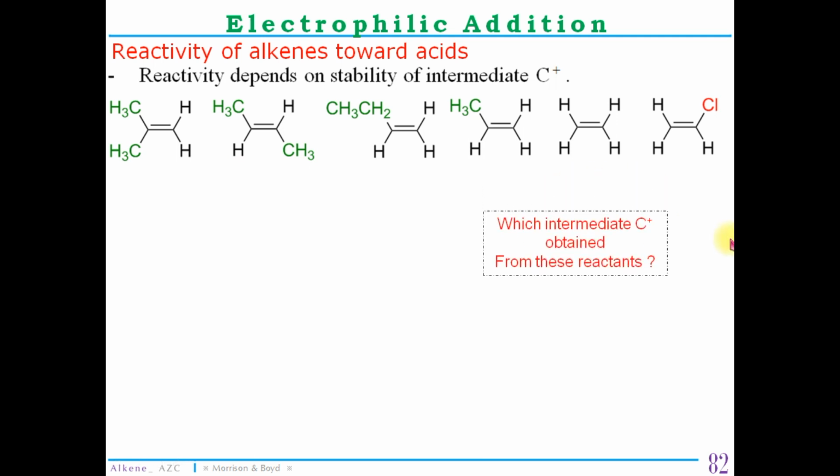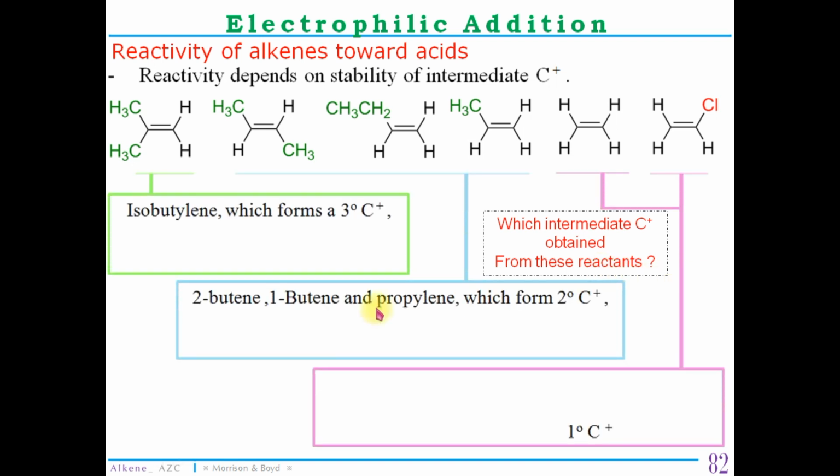First we have to see which intermediate carbocation is obtained from these reactants. Isobutylene forms a tertiary carbocation, as hydrogen adds to this carbon and we will get the carbocation on this carbon, which is tertiary in nature.